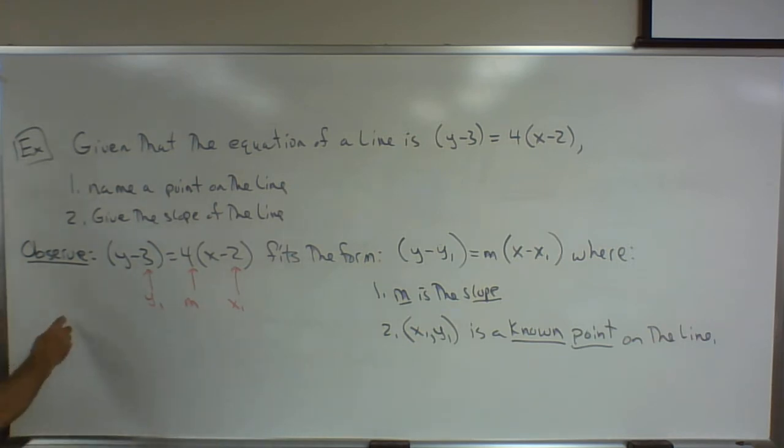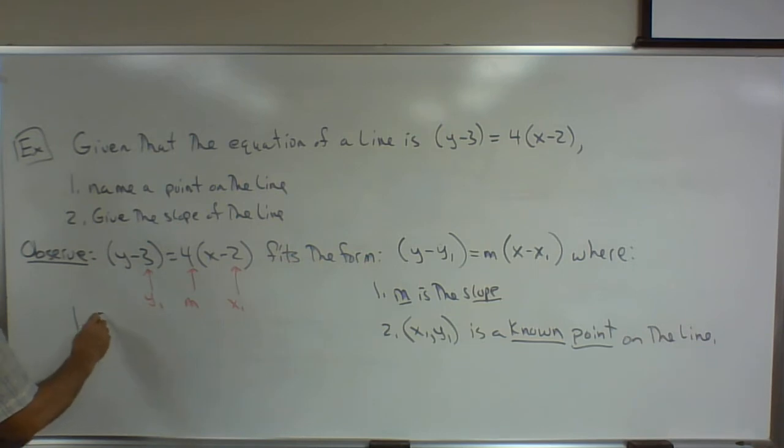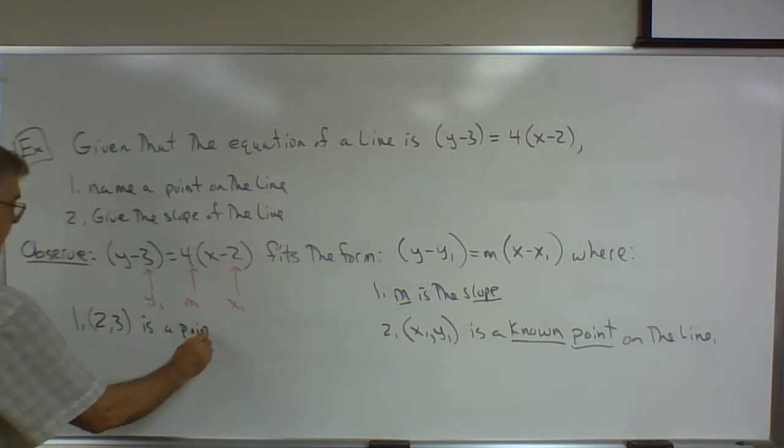So what do we know? Let's see, name a point on the line. x1, y1 is 2, 3, a point on the line.